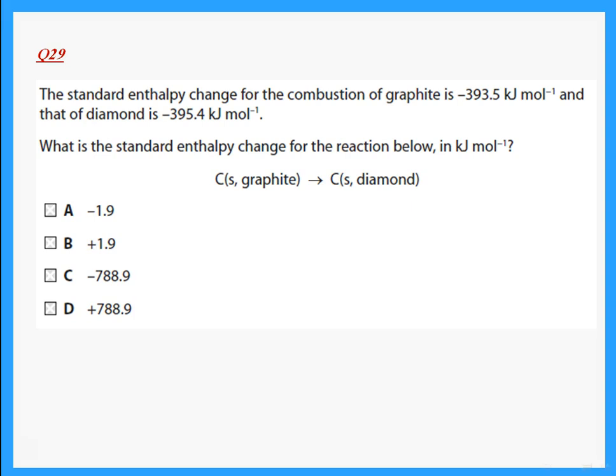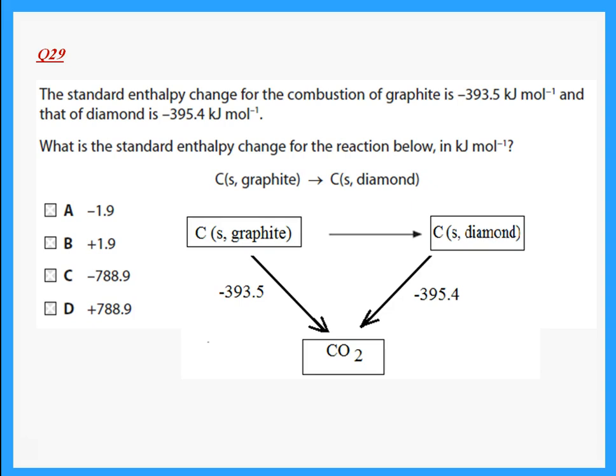The next question says the standard enthalpy change for combustion of graphite is this, and for diamond it's this. What is the standard enthalpy change for the reaction in which you're changing carbon from graphite to diamond? Remember, we can do this. So graphite to diamond.